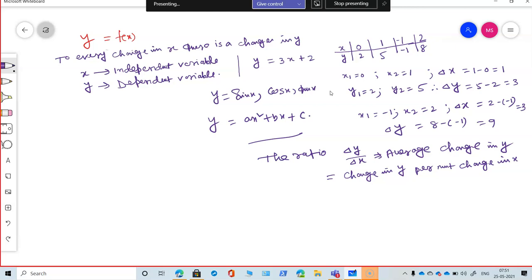So average change is just change in y per unit change in x. Now when you write limit delta x tending to 0, delta y by delta x, don't be confused. You remember this as a very small quantity, delta x. It is so small that it is tending to 0.